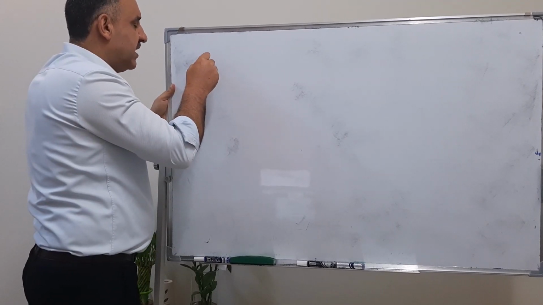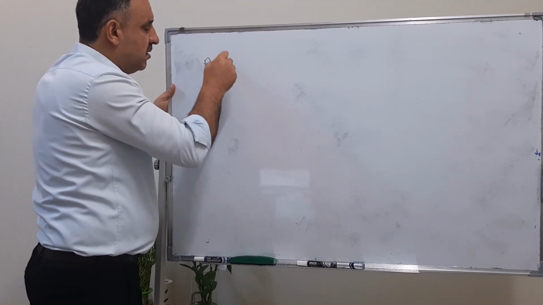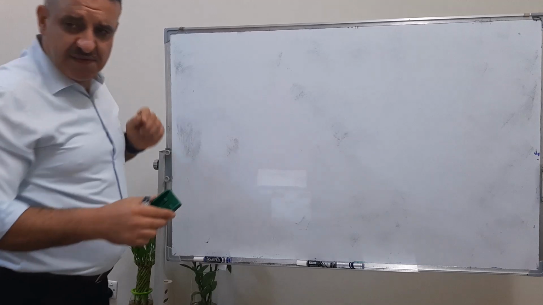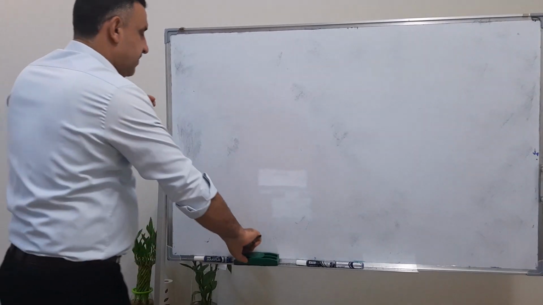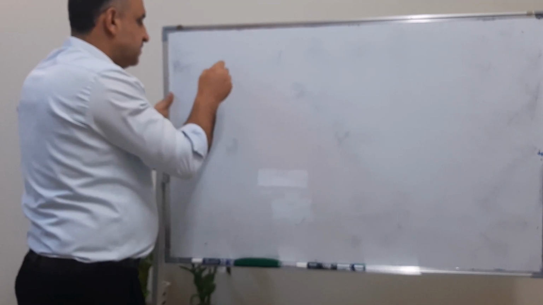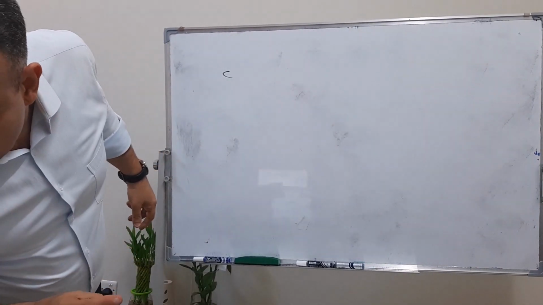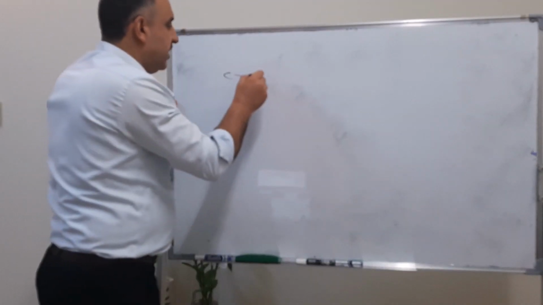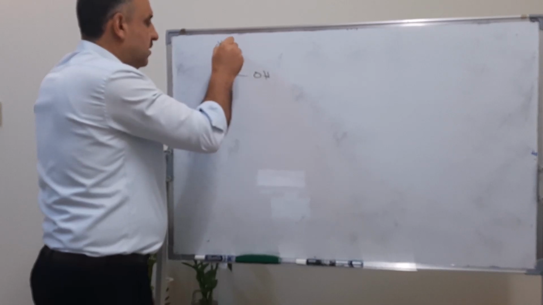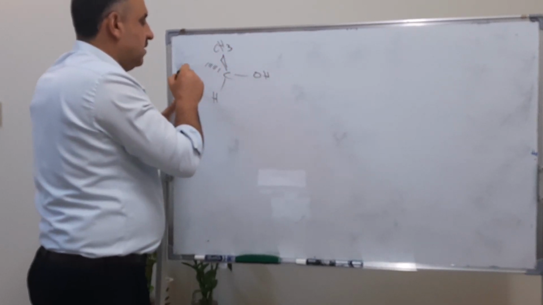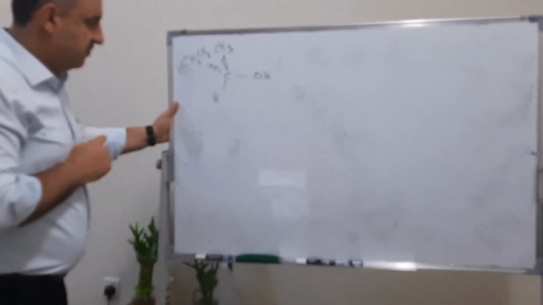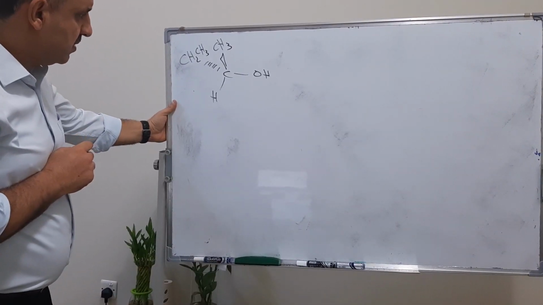If we have an alcohol and we allow it to react, let me take the specific example you have in the slide. Suppose we have OH, hydrogen, methyl, and then CH2CH3.